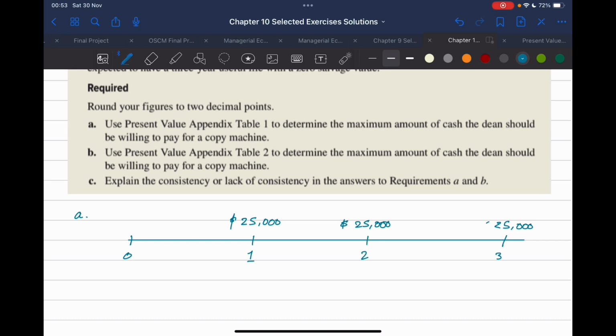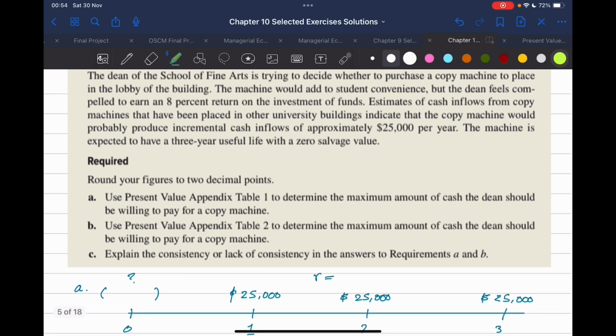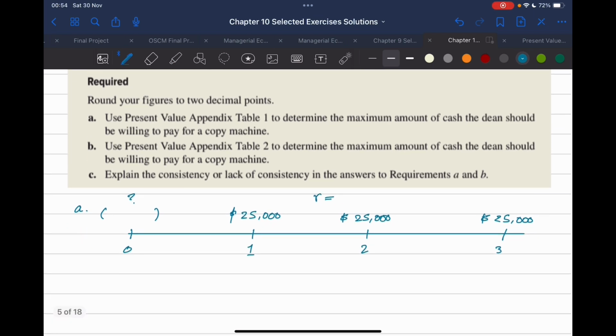And what we are trying to calculate is how much should be the cash outflow that we should be willing to pay today for those amounts. And the interest rate, which is R, let me put it here at the top, was given to us here in the question: 8%. So this is the discount rate that we should be using.